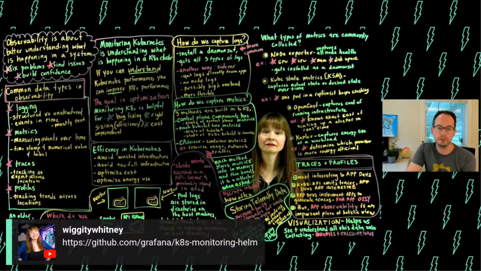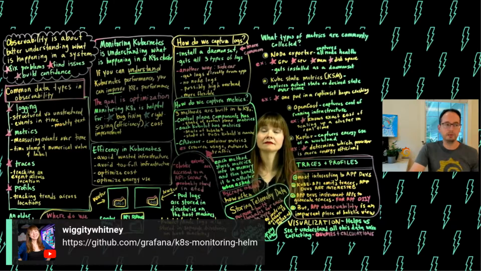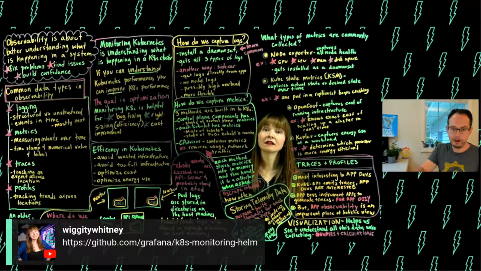The Helm chart that we linked to right there, this is one that I made that really aims at being kind of a one-click deployment to start with all of this stuff. This Helm chart can deploy all of the add-ons that we talked about, so kube-state-metrics and node exporter, even OpenCost and Kepler.